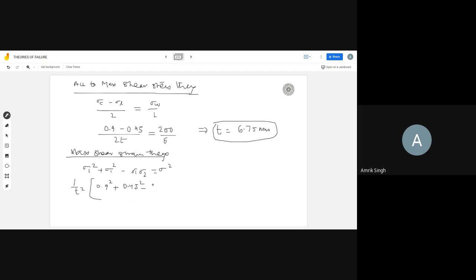So you can multiply this 0.9 multiplied by 0.45 is equal to 200 divided by 4, right? So if we calculate t from here, t is coming 11.7.